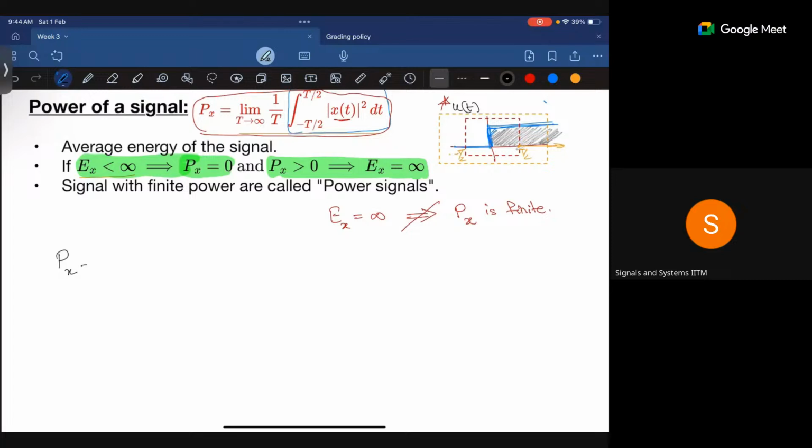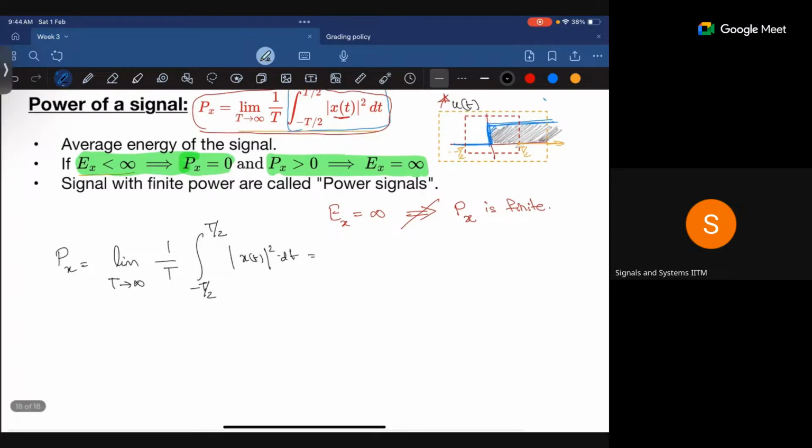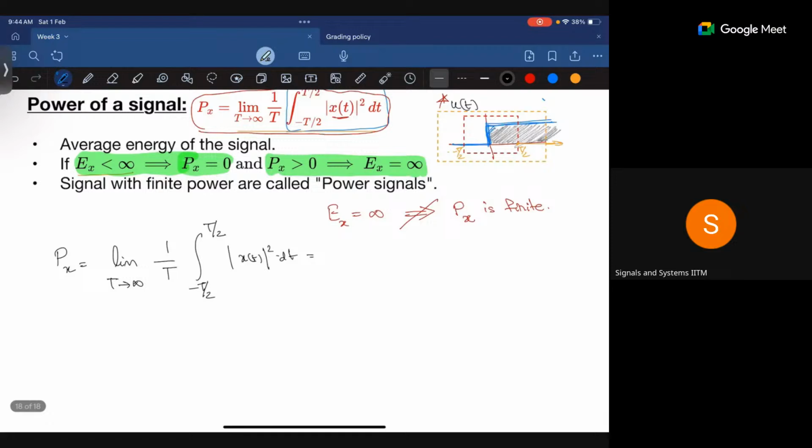The power is: you have to tend your capital T to infinity, 1 by T, integral from minus T by 2 to T by 2 of magnitude x of t whole square dt. If you see our u of t in the interval minus T by 2 to plus T by 2, it is 0 from minus T by 2 to 0, and from 0 to T by 2 it is 1.